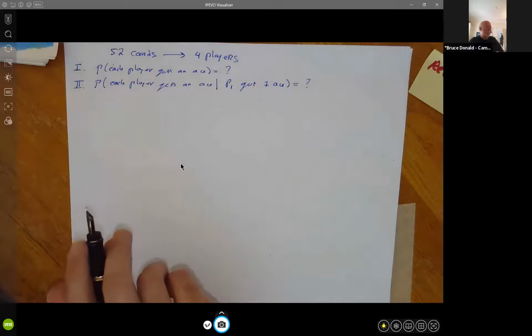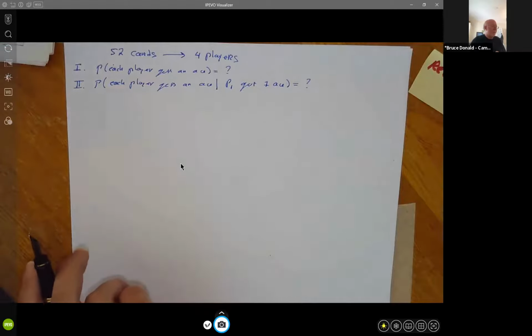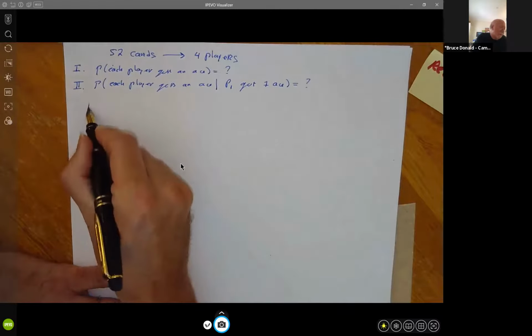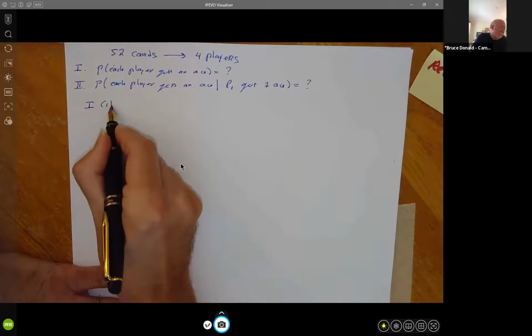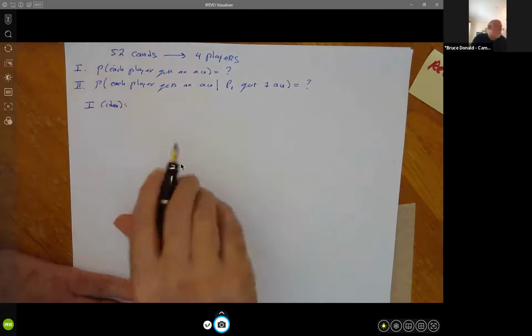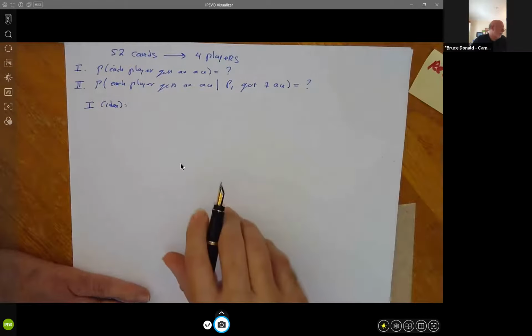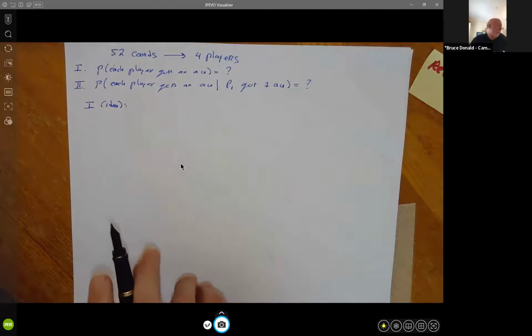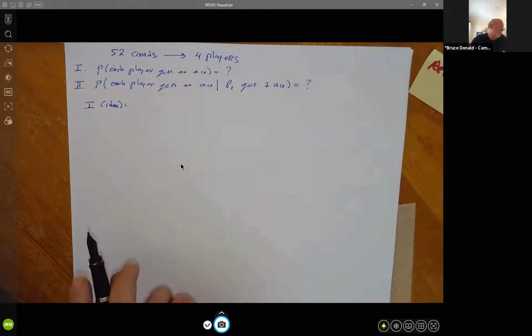So I'm going to try to derive this, but let me give you the intuition for why such a thing should be true. The argument goes as follows. If any ordering of the cards is equally likely, then any position of the 4 aces in the deck is also equally likely.